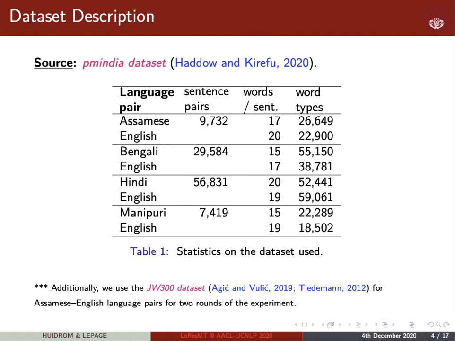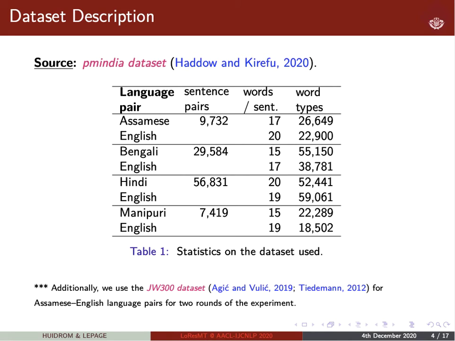The average words per sentence is between 15 to 20. For the word types, it's obvious that the language pair which has the most sentence pairs will have the most word types, so Hindi-English has the most.